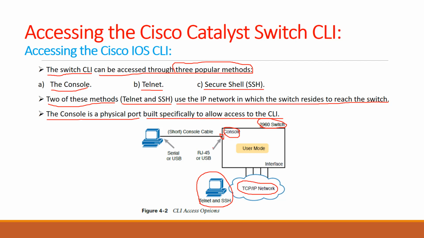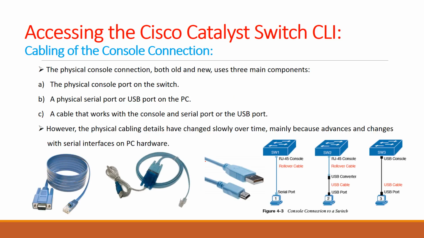And you can access the switch through this physical console port through a PC with a terminal emulator and a console cable. This console cable has some different forms, as we will discuss in this slide.